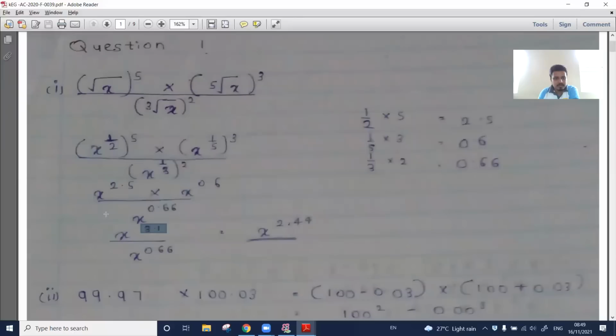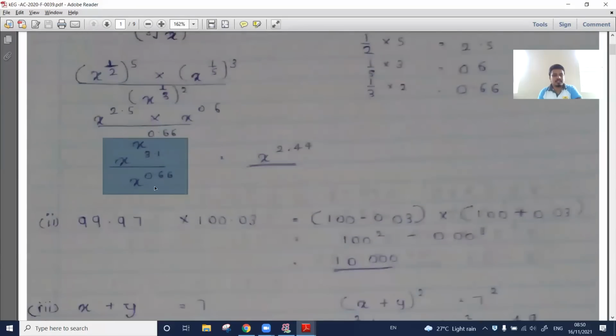And here divided by x to the power 0.66. Now what? Again the base value is the same, but this time we have the division.